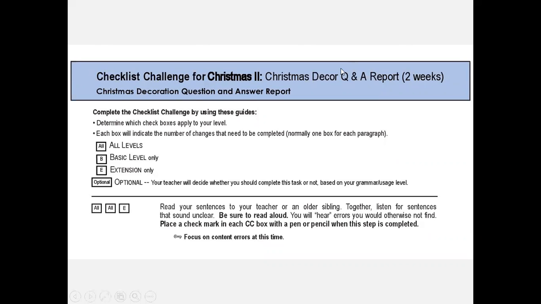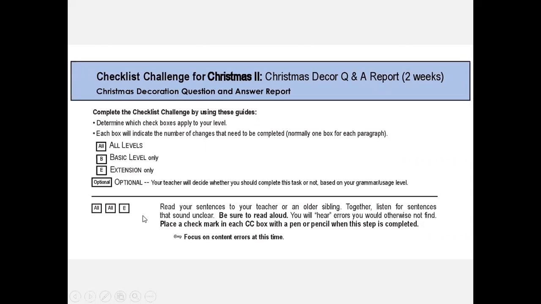Okay, so here's what an entire checklist challenge looks like. And these are the levels. A is everybody. B is basic only. E is extension only. And optional, or OPT, is optional, so your teacher will decide whether you will be doing that task.